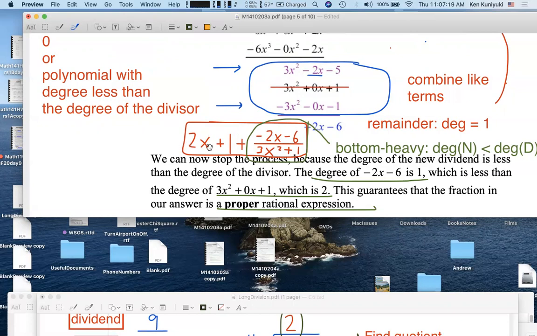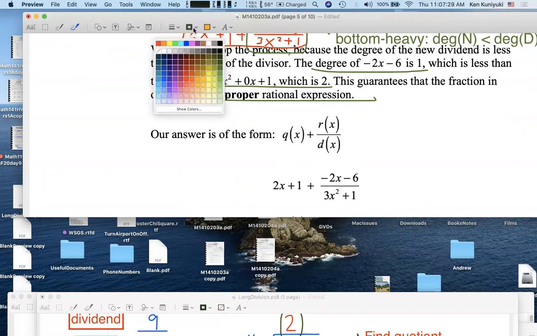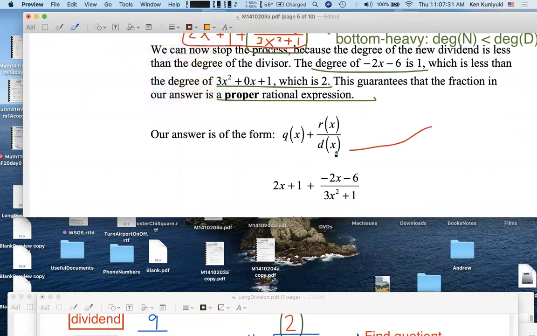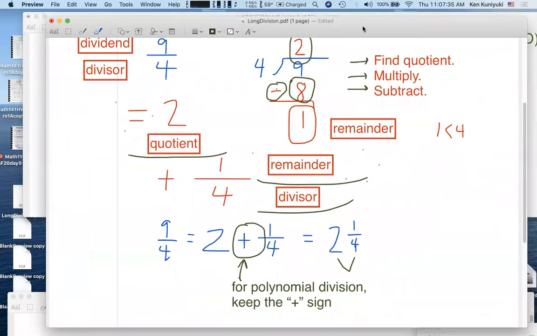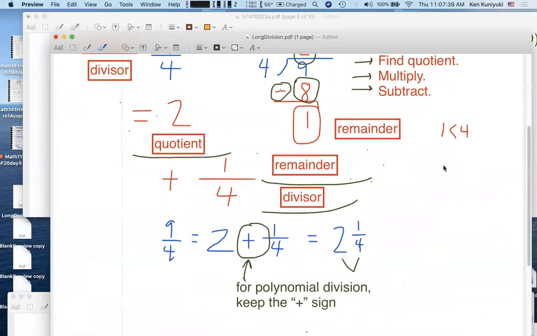In addition to this quotient. Remember I said in addition. Put that plus sign there. All right. So here's the form. Quotient plus remainder over divisor. I just wrote this. And again, to reiterate, don't forget the plus sign. Don't just stick these next to each other. I know with this mixed number, 2 1/4, we put these things next to each other. Don't do that here.